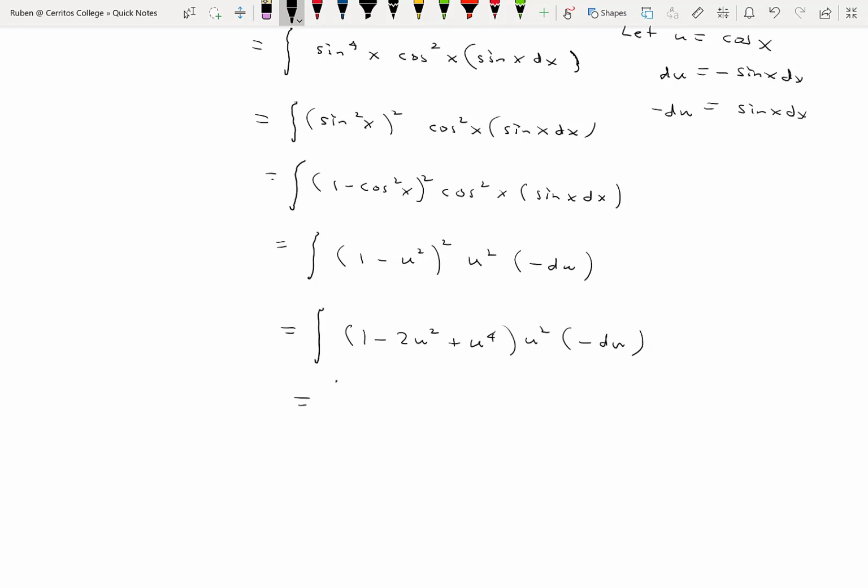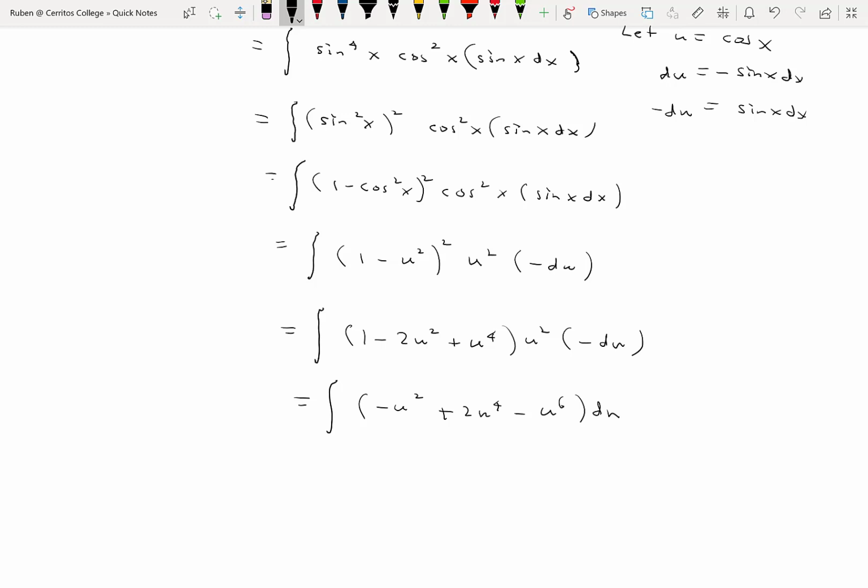And then finally distribute the u squared and the -1 as a factor from du. And you're looking at negative u squared plus 2u to the fourth minus u to the sixth du.